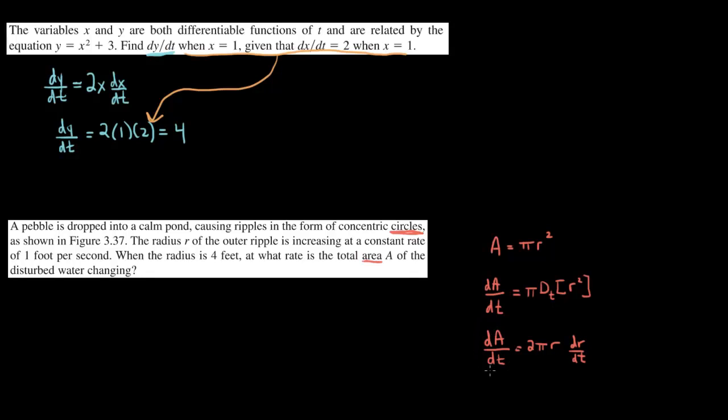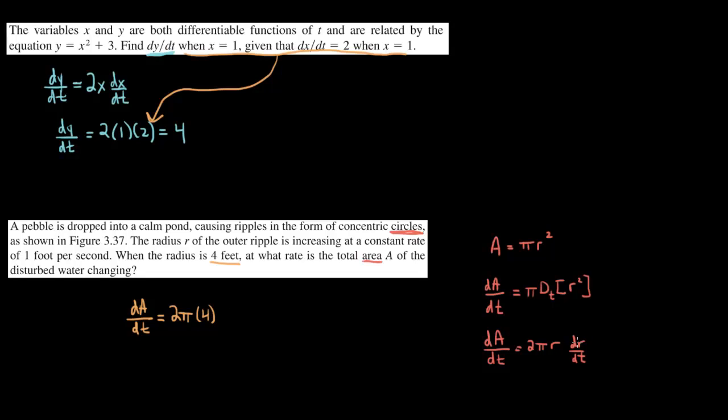We just need to substitute in for everything that we know and then solve for dA/dt. So the area is changing with respect to t at 2 times pi. Now, what are we told r is? r is 4 feet, so substitute in a 4.